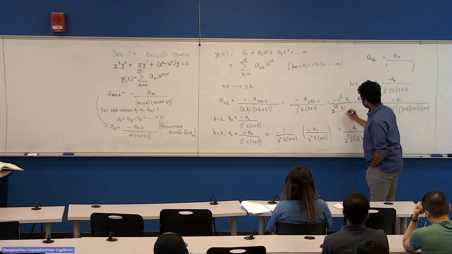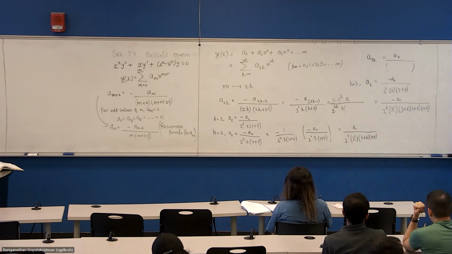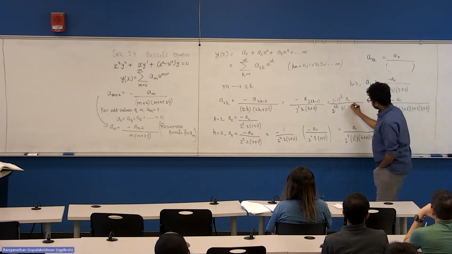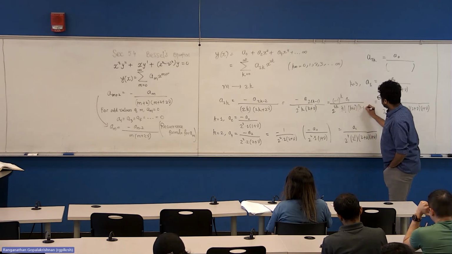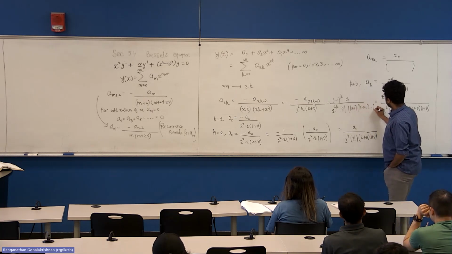We'll write k factorial. And then you have (3 plus nu) all the way back to (1 plus nu). So this is nothing but (k plus nu), (k minus 1 plus nu), and so on all the way back to (1 plus nu).